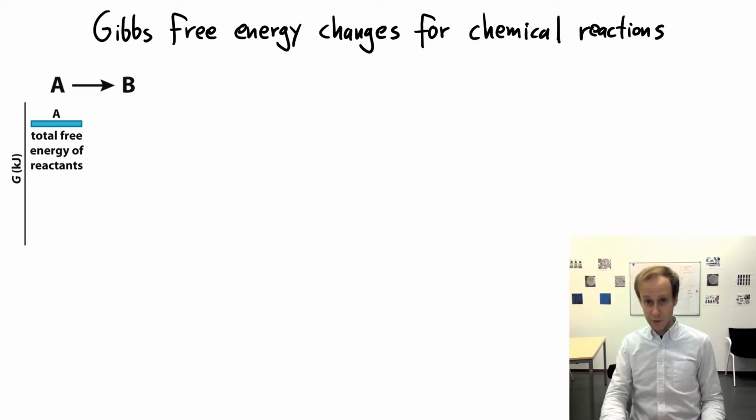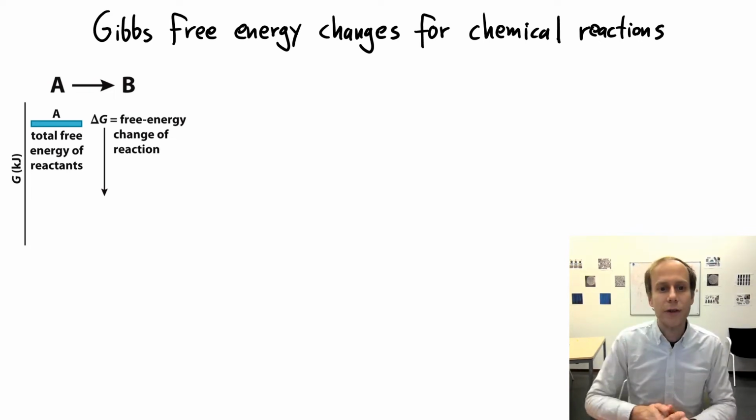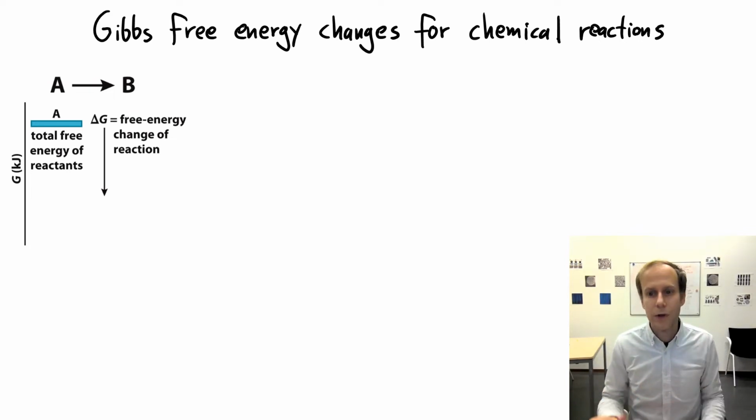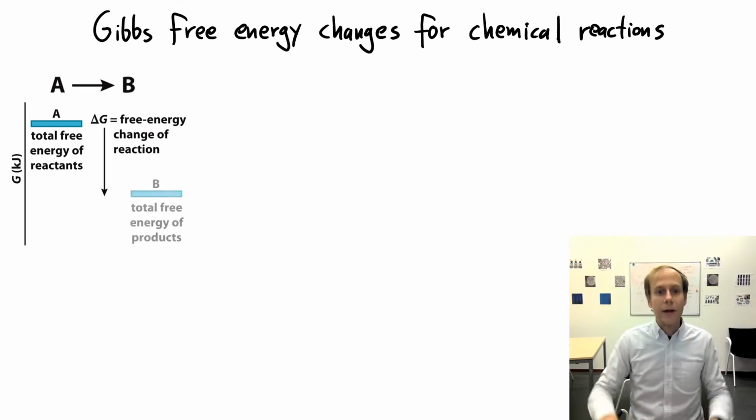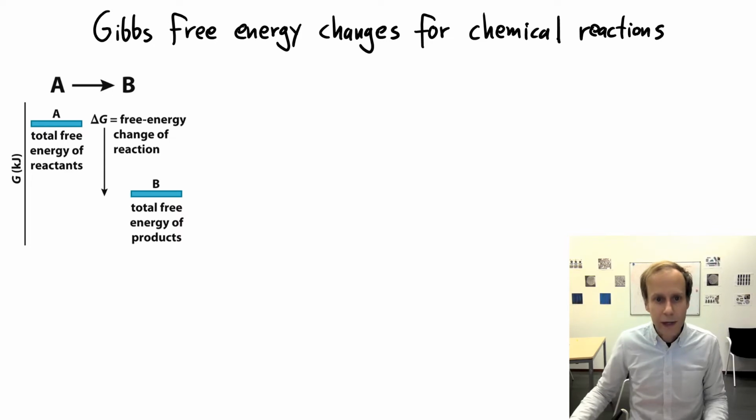As the reaction proceeds, there will be a change of the free energy from the reaction, which we call delta G, and then the products form B, and they again will have a new total free energy of the products.